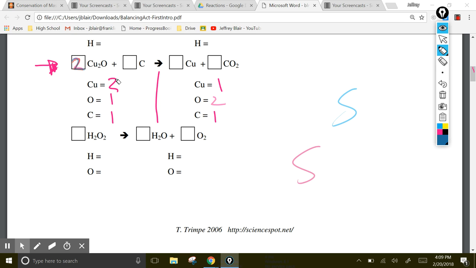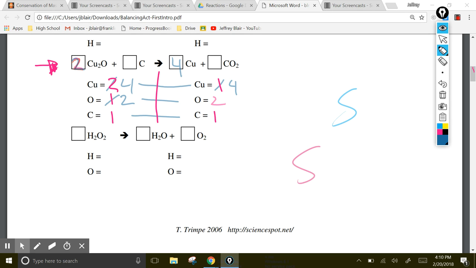Two times that 2 does give me 4, and 2 times 1 O gives me 2. Now if I go straight across here, my copper doesn't match, but my oxygen does, and my carbon does, and now I can put a 4 in here, and that makes my copper match, and I've got a 4, 2, 1. So that equation is balanced.